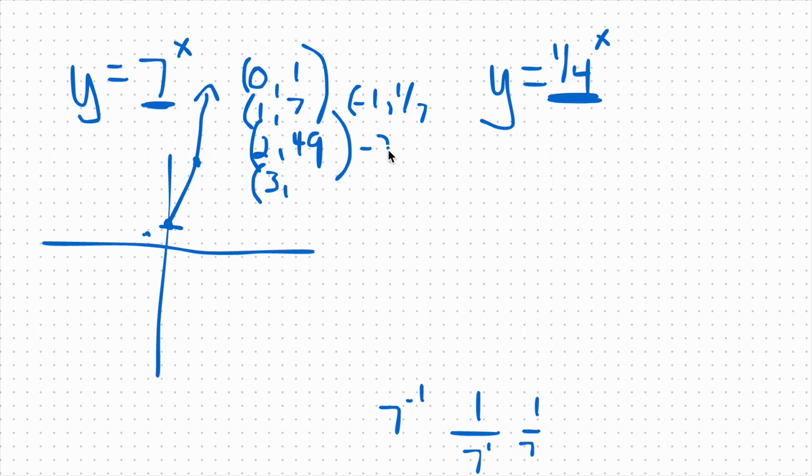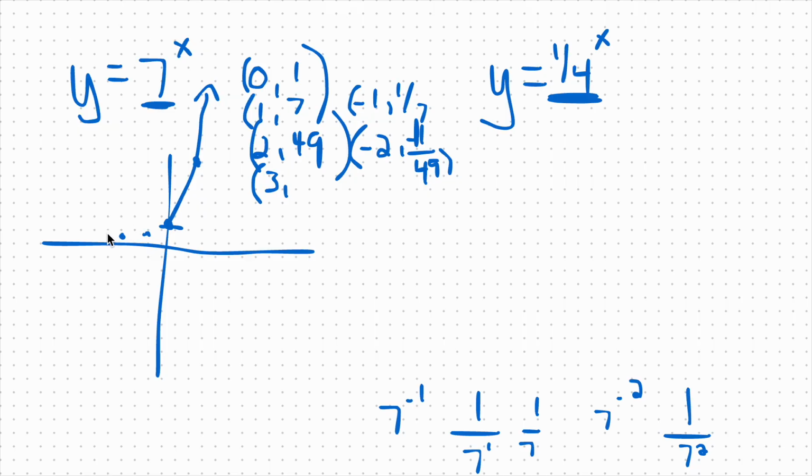Let's do -2. Well, -2 is going to be 7 to the power of -2, or 1 over 7 to the power of 2, which is 1 over 49. So when I plug in -2, I get 1 over 49, which is going to start getting me closer to 0. And what I'm going to find here is, if I plug in -3, well, that's 7 to the power of -3, which is 1 over 7 to the third, which would be 1 over 343.